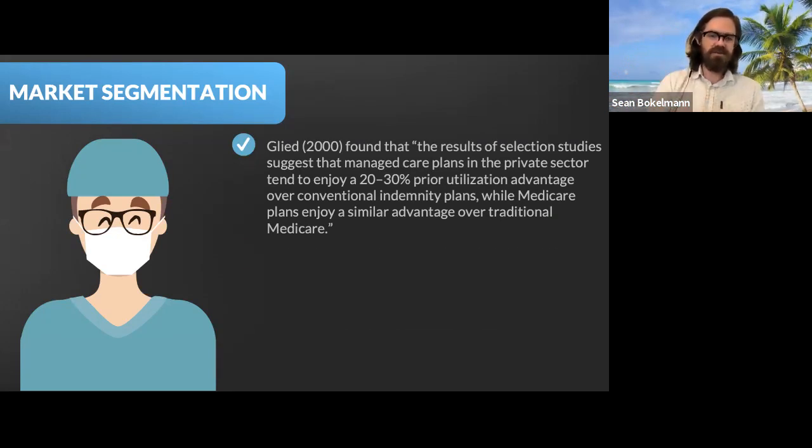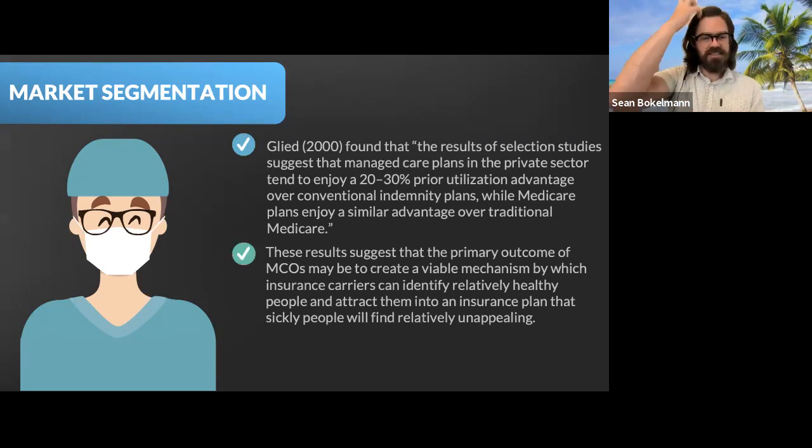And so what does that really mean? It's suggesting that MCOs may be able to create this separating equilibrium, where insurance carriers can identify relatively healthy people and attract them into an insurance plan that sick people don't want to buy, right?